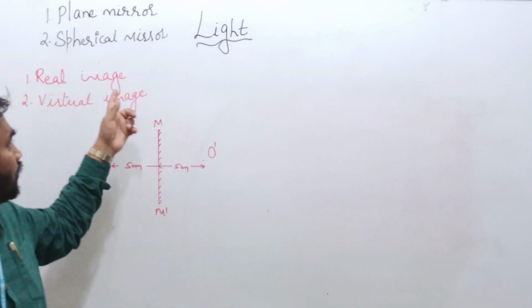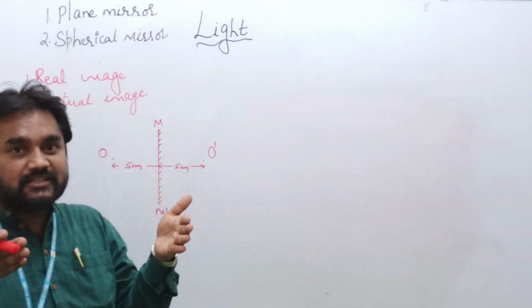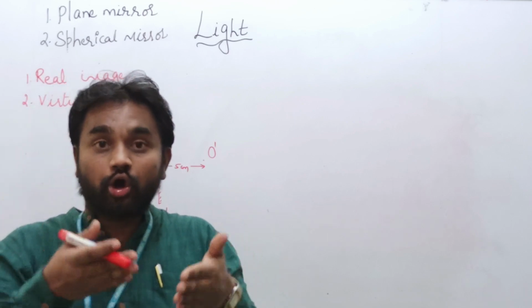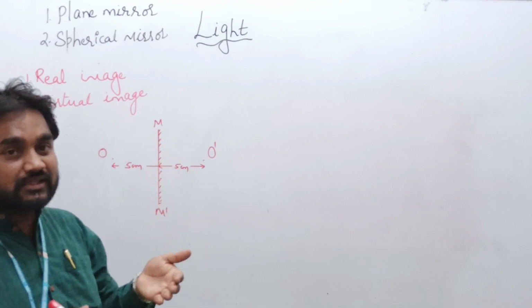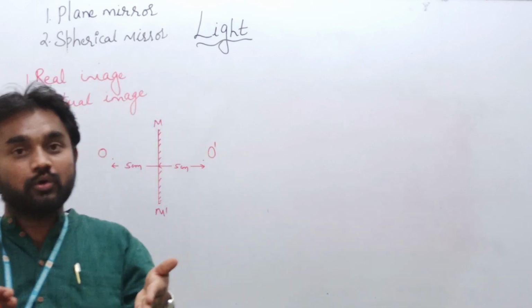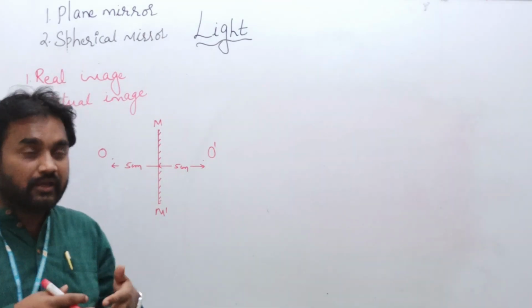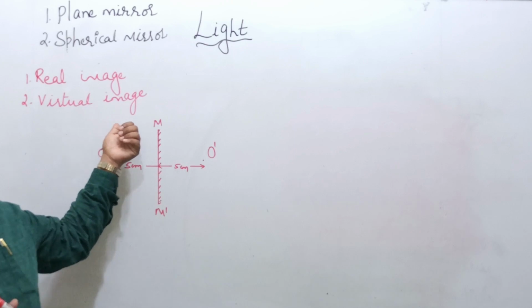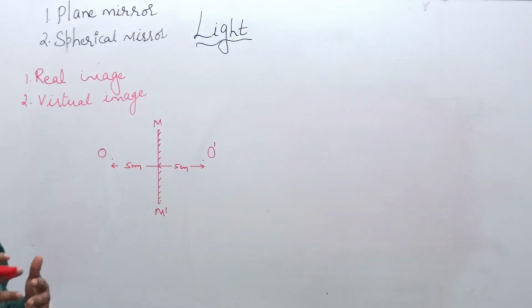In the real image, all the reflected rays converge at one point. But in the virtual image, the reflected rays appear to converge, or appear to intersect at one point. So that's why we call it a virtual image, or an illusion of the object.